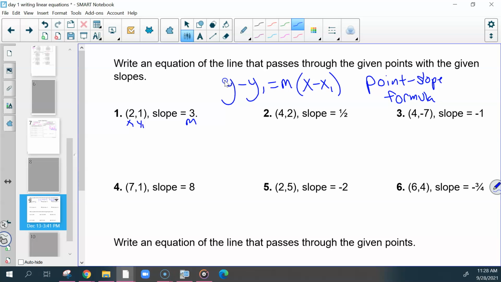The one that says y and x, those are just going to stay y and x. And we're going to put those in. y minus 1 equals 3, and then in parentheses, x minus 2. So we're always subtracting no matter what. Think about that like slope.